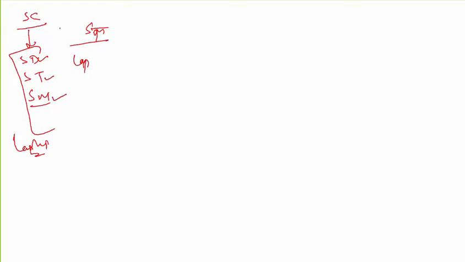Smart Console is a bigger term. When you have multiple different consoles in Checkpoint, they call them by a single name, Smart Console. Within Smart Console, there are different software like Smart Dashboard, Smart View Tracker, and Smart Security Manager.